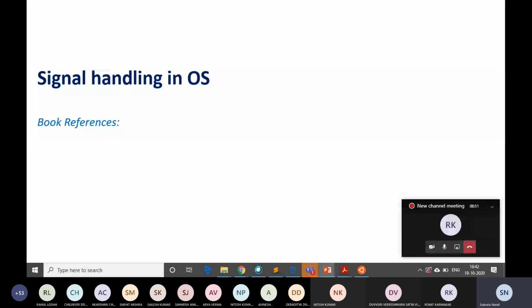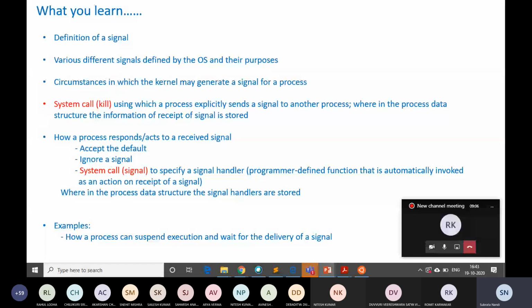Okay, so in this class, I'll mainly be talking about signal handling in the operating system. This is one of the important topics in the way the operating system handles inter-process communication.